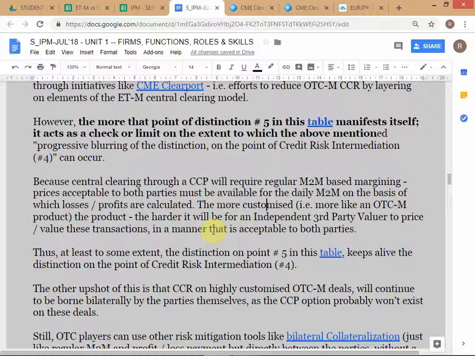So the more customized the contract terms, the more difficult it will be to route it through a CCP. I'll explain why.